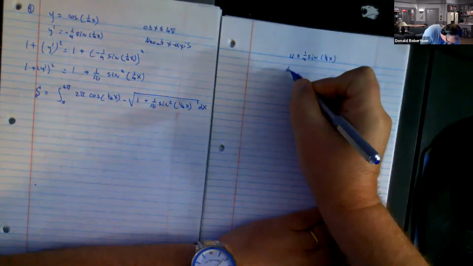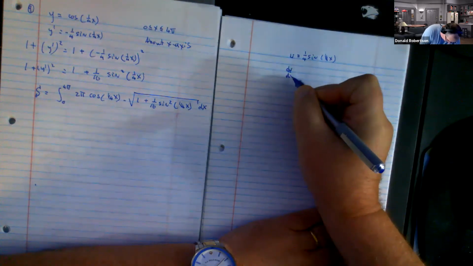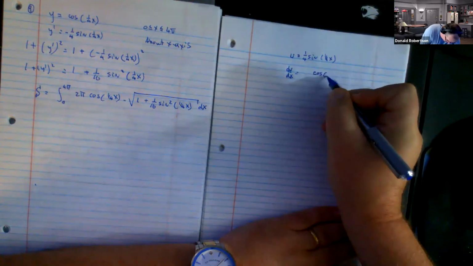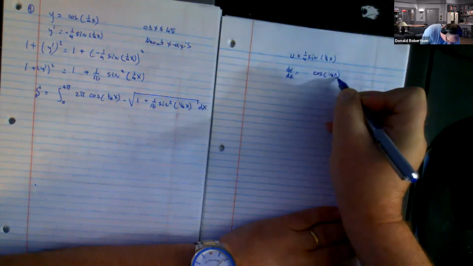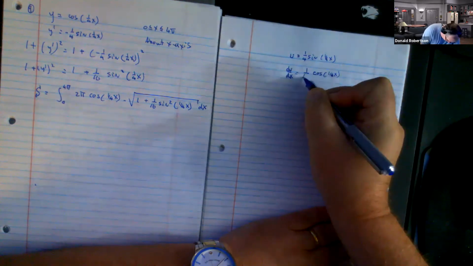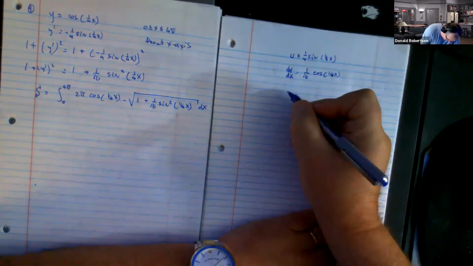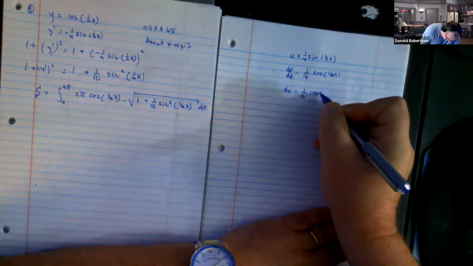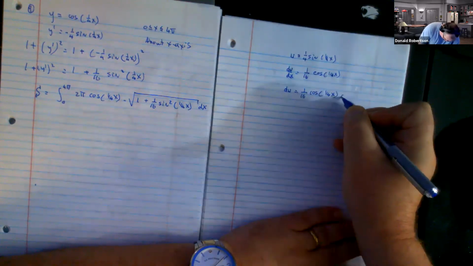If you differentiate with respect to x, you would get a cosine of 1/4 x times another quarter, which is why that is 1/16. If you do the crossover, you get that.